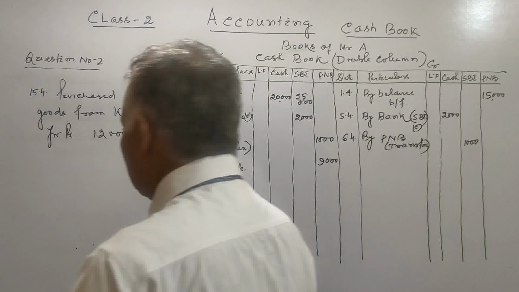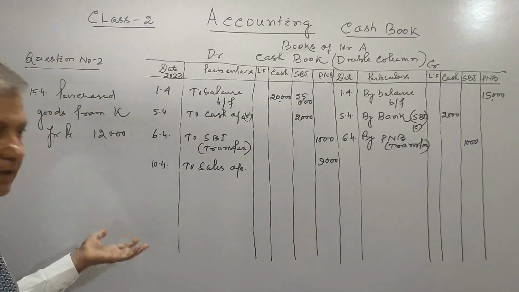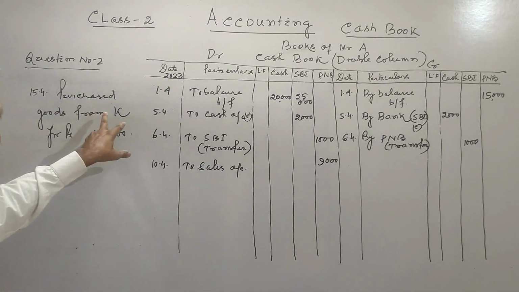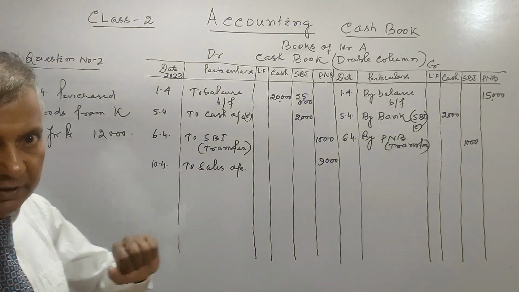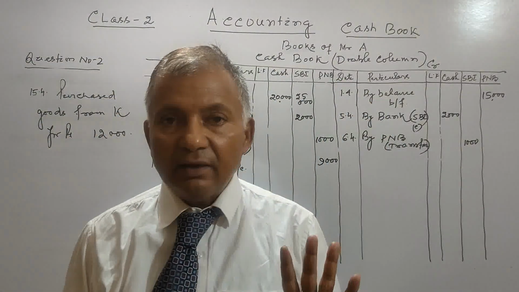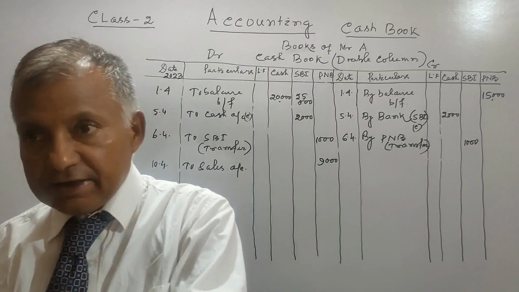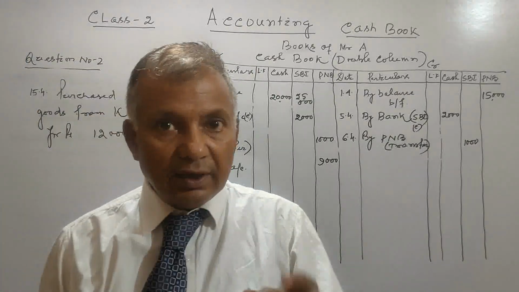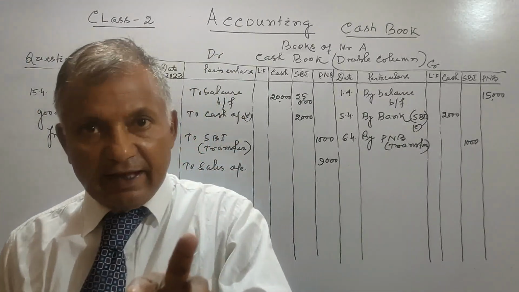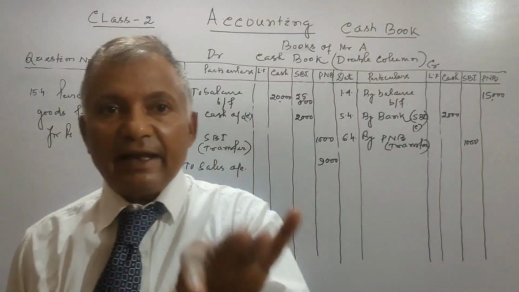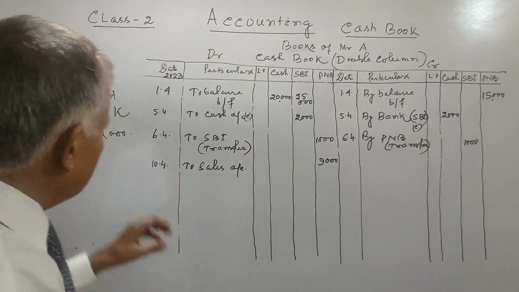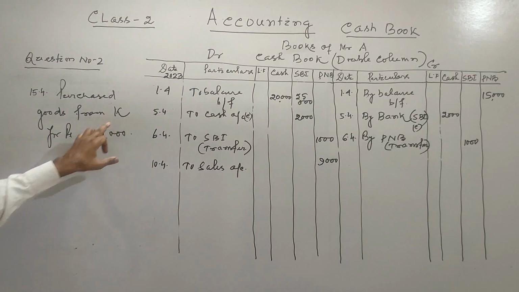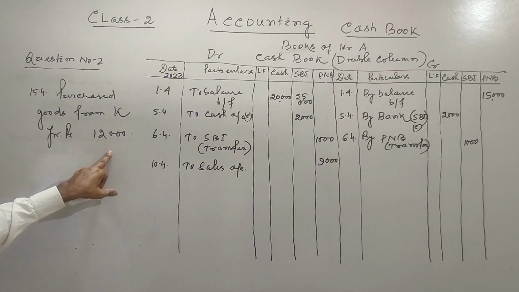Friends, so this is a credit purchase because the name is given. If a name is given, if it is stated, it is a credit purchase. Here the name is given, therefore it is a credit purchase.